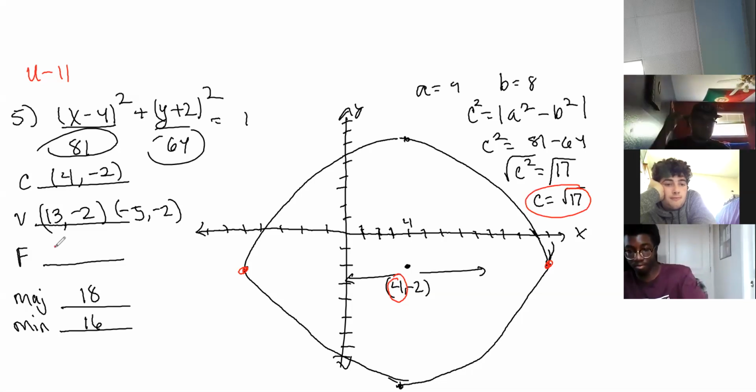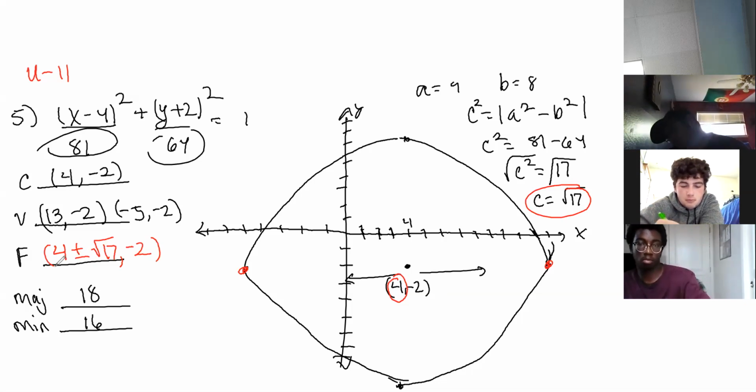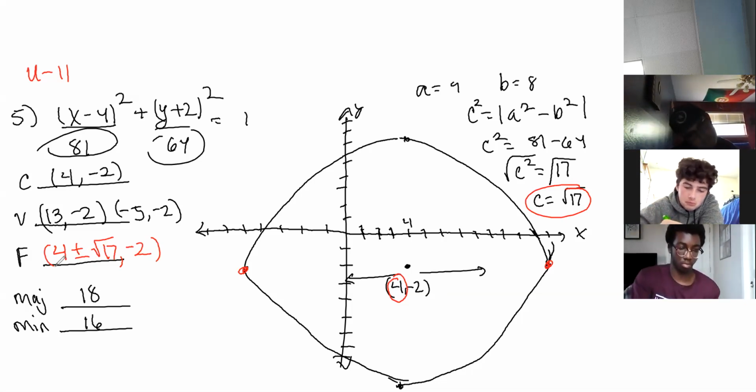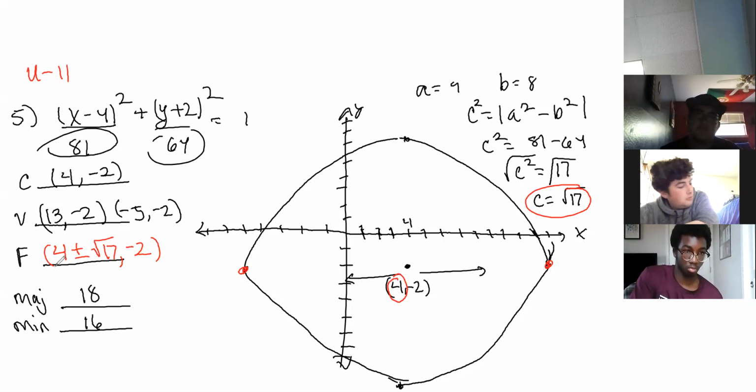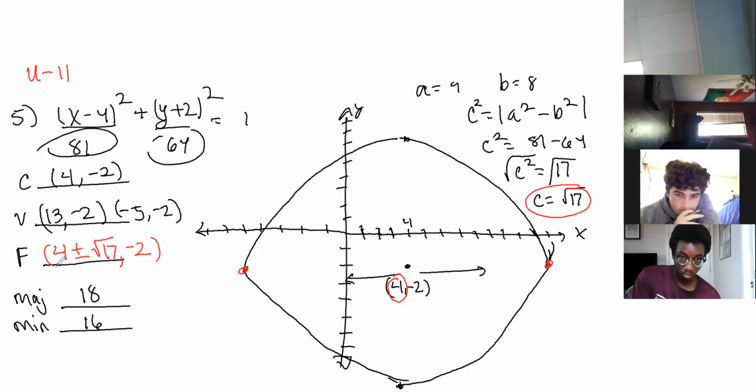So you would do 4 plus or minus root 17, and what's staying constant? -2. Make sense? Yeah, I think I could do the rest from here. I just needed to jog my memory a little to do it again. Okay.